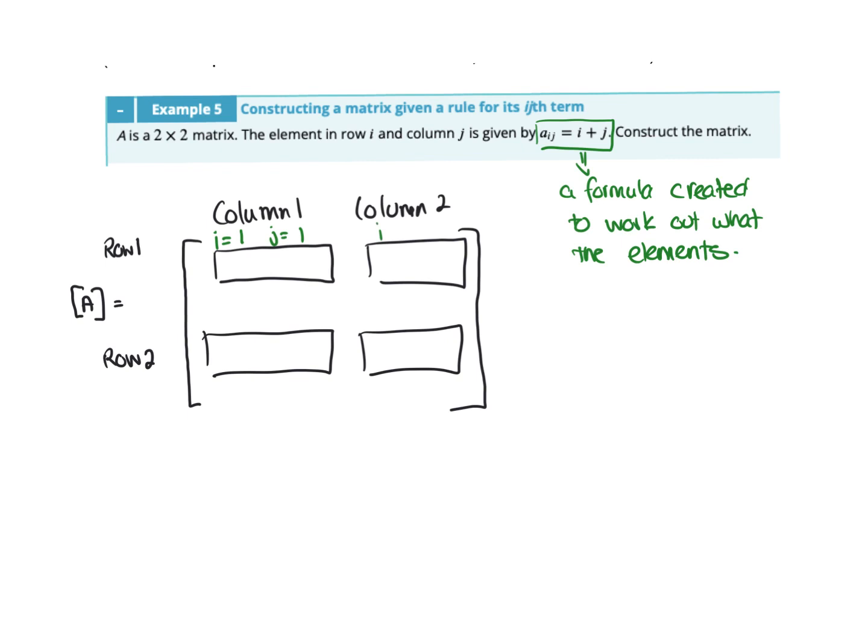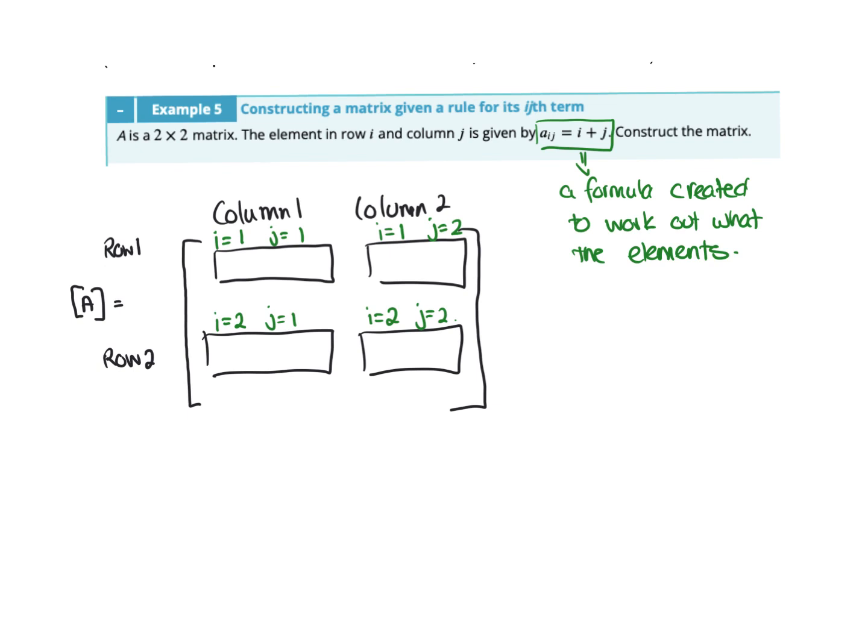And over here, what would this one's i equal? 1. And what would its j equal? 2. Good. And down here, because it's in row 2, its i equals 2 and j equals 1. And in this one, i equals 2 and j equals 2. So what I can do is use this formula.